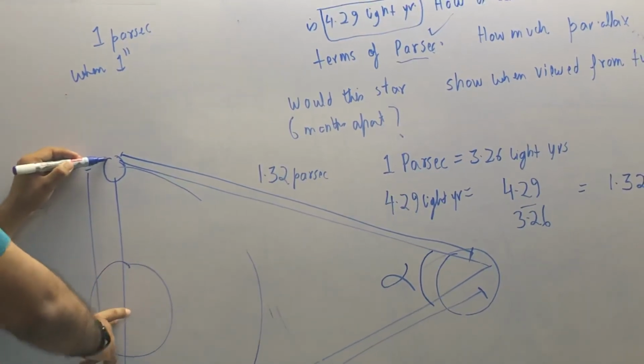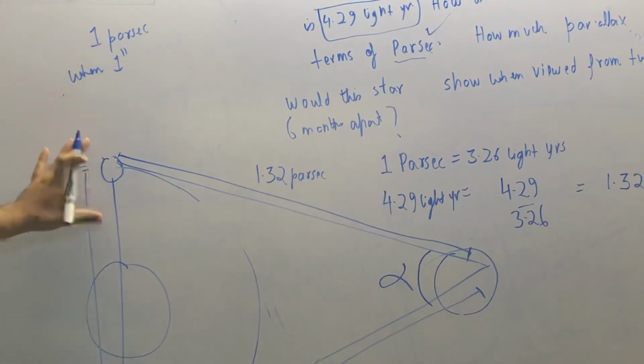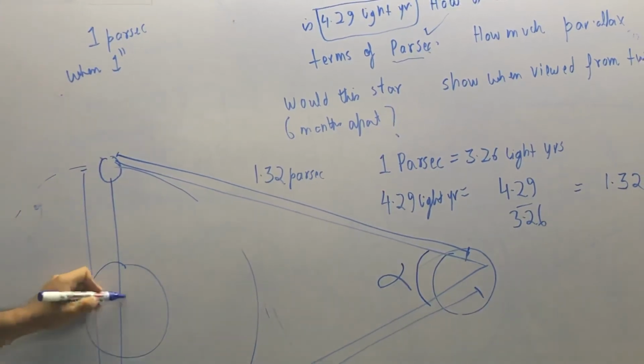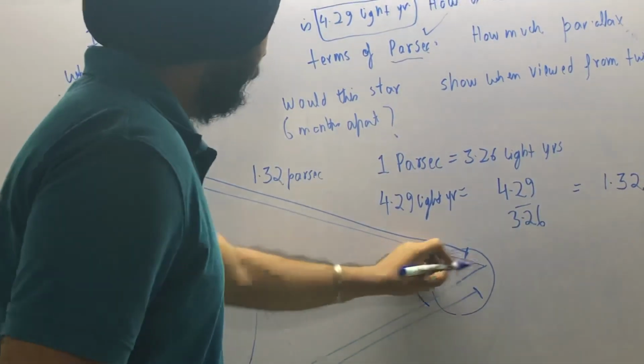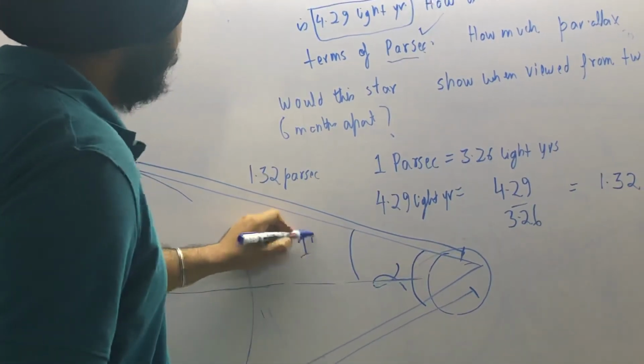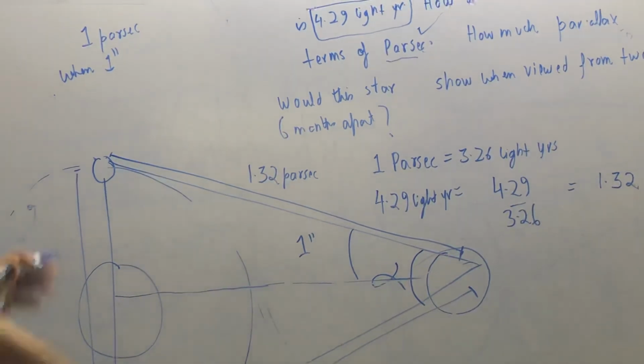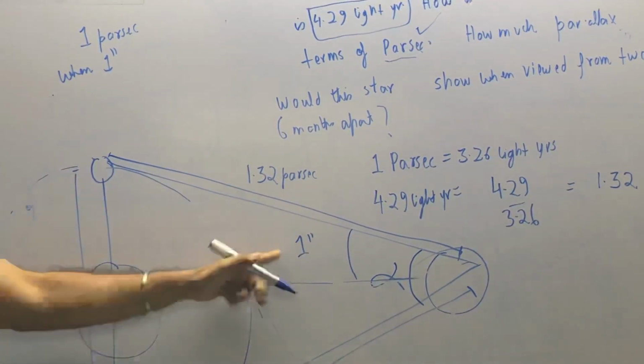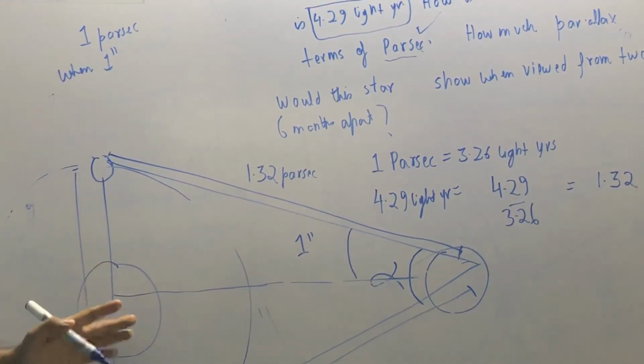In other words, 1 parsec subtends approximately 1 second of angle. We have seen this.